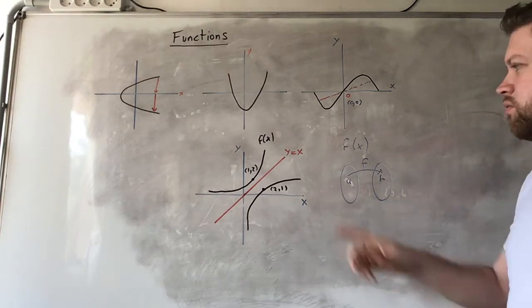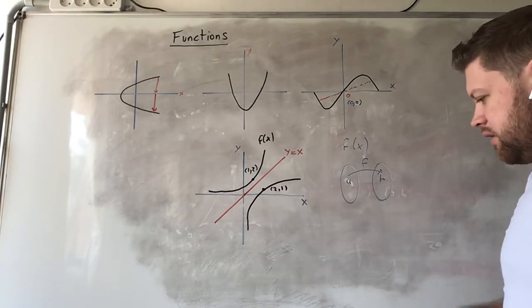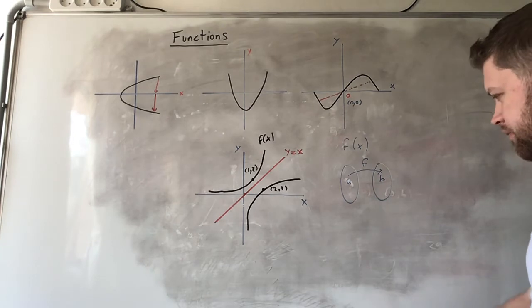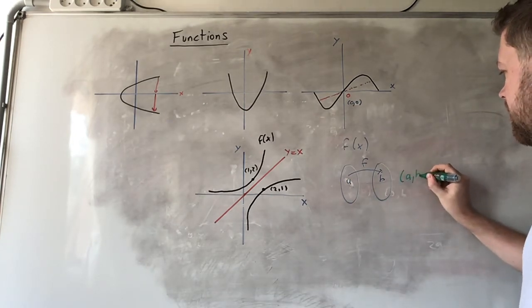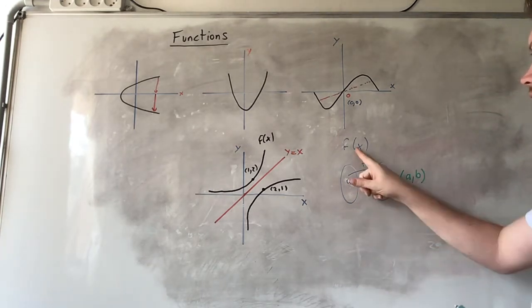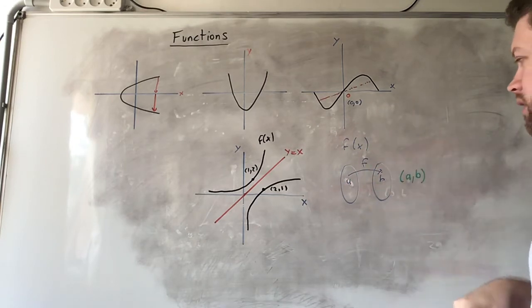So our function takes input a and has output b. Okay, that means the pair ab satisfies this function here. When you put in a, it spits out b.